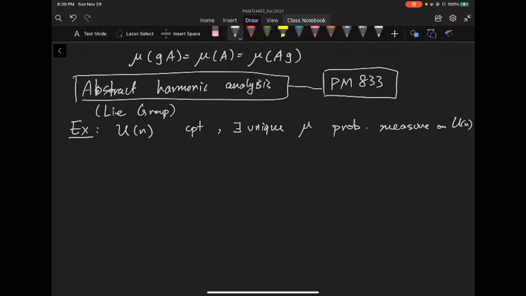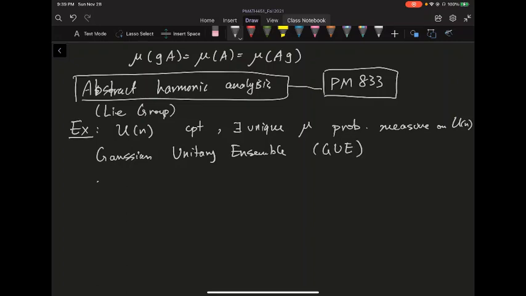Well, you use this Haar measure, or this unique probability measure, on the entire unitary space. This is called the Gaussian unitary ensemble. Basically, you treat the unitary group as a measurable space with this unique Haar measure. This is called GUE.